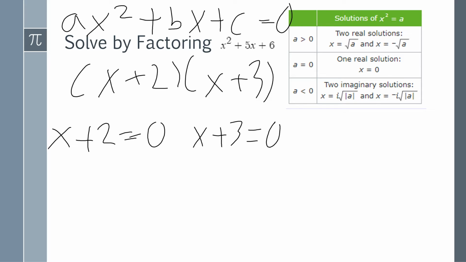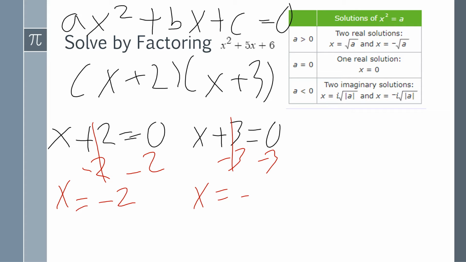Wait, Mr. Howard, why do you got two equations? I'm going to show you guys why. So, subtract 2 on both sides. You know that x equals negative 2. Subtract 3 on both sides here. x equals negative 3. All right, so I solved the equation by factoring.